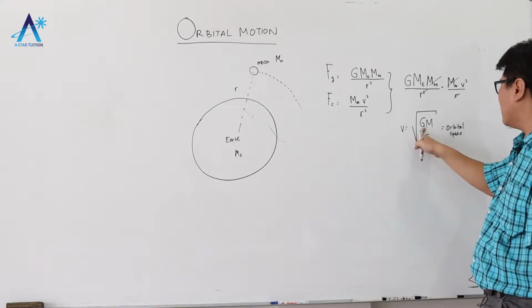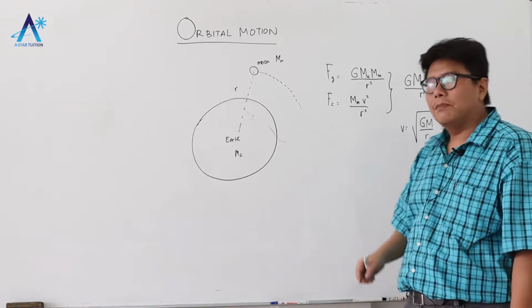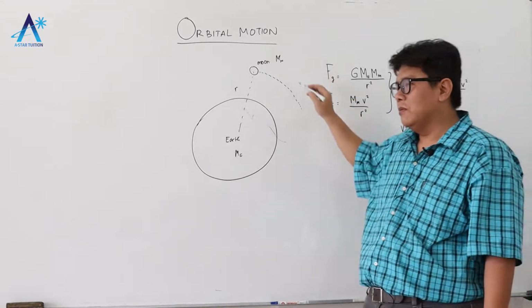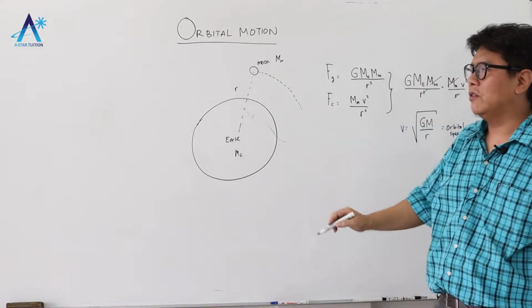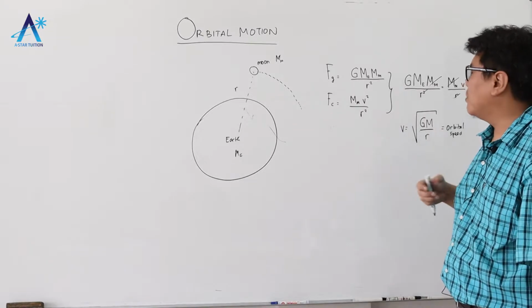Now when you look at orbital speed here, you can relate it to what we call the period. Remember, for every uniform circular motion, there is a corresponding period.